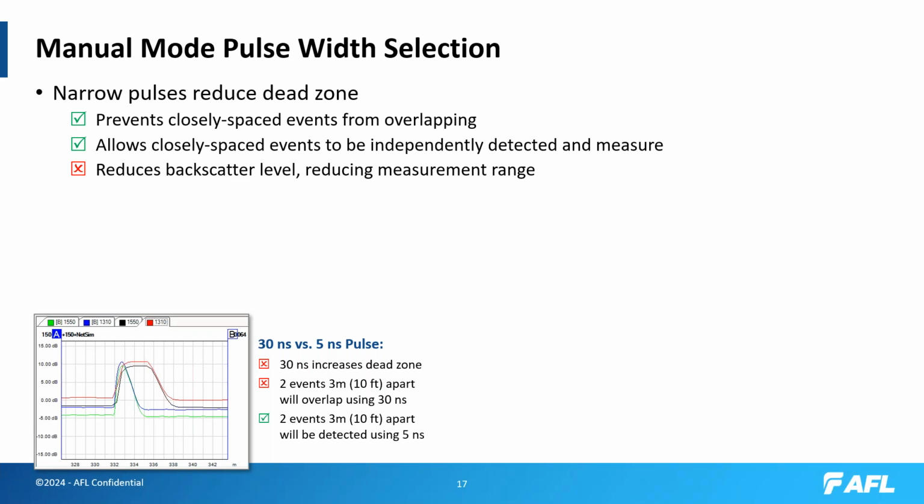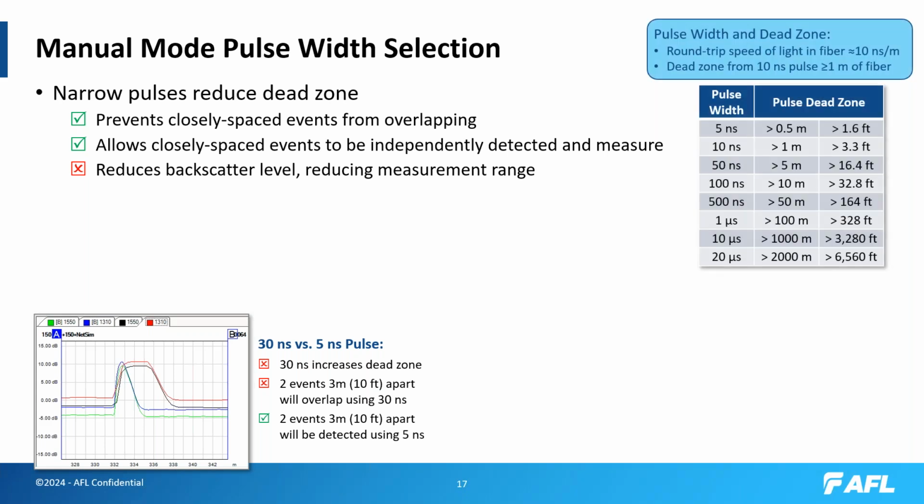With the 5 nanosecond pulse width, the peak is only a half a meter wide, and so you'd easily be able to see two events, 3 meters apart or 10 feet apart.